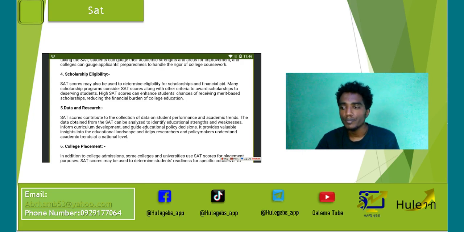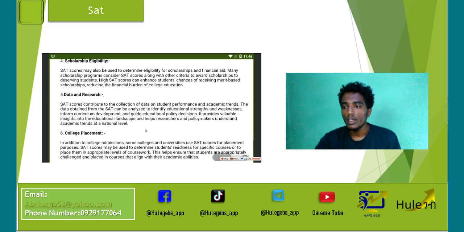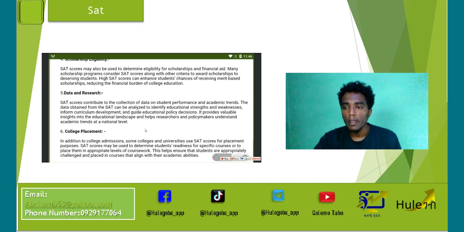Apart from other measurements, the SAT also has its own weight when it comes to gaining scholarships and other opportunities. So high SAT scores can enhance students' chances of receiving merit-based scholarships, reducing the financial burden of college education.